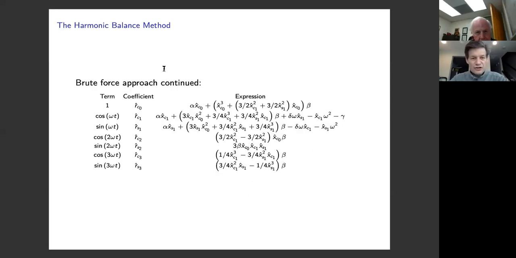Here again is what the brute force approach gave you. And now, because we only used one harmonic, we're only really concerned about the first three terms here: the zeroth harmonic, the cosine omega t, and the sine omega t. They provide us with three equations for the three unknown coefficients: xc0, xc1, and xs1.